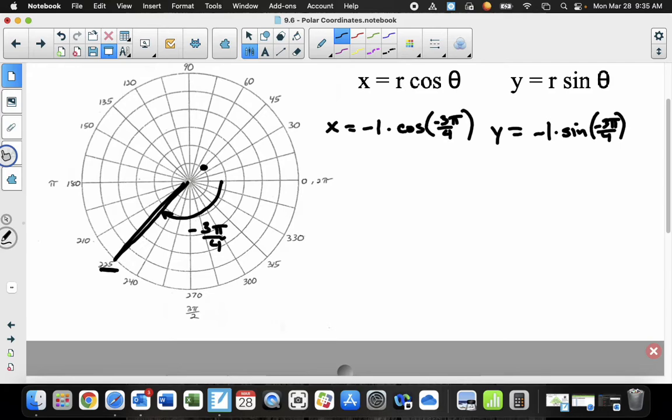We're using those coordinates. What's the cosine of negative 3 pi over 4? It's negative square root of 2 over 2. So we get negative 1 times negative square root of 2 over 2, and therefore the x coordinate of our final point here is the square root of 2 over 2.